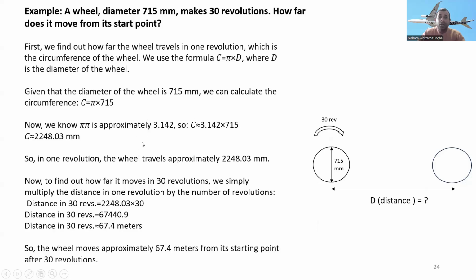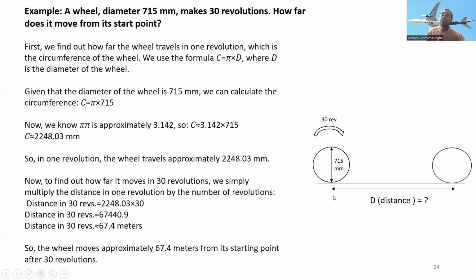We know π is approximately 3.142, so 3.142 times 750 millimeters. Approximately, we get the circumference is 2248.03 millimeters. So in 1 revolution the wheel travels approximately 2248.03 millimeters.